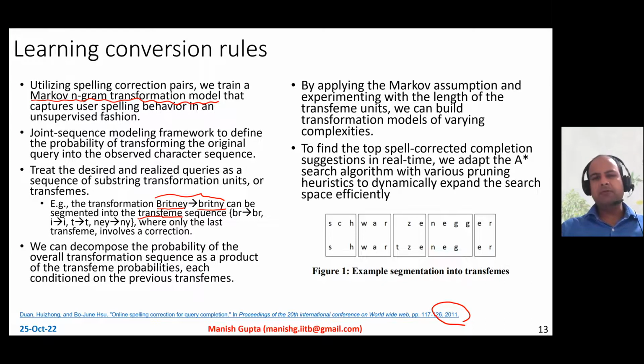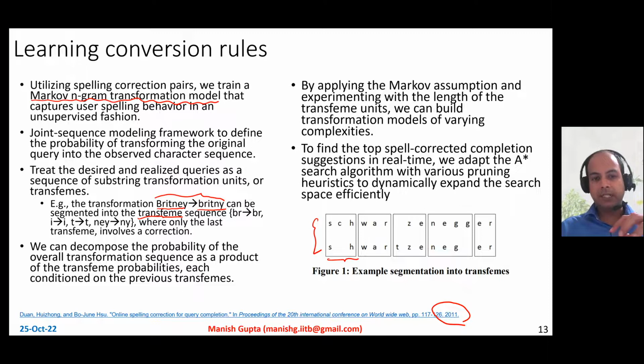And you can decide what is the maximum size of the transfeme that you prefer. So you could prefer transfemes of size 3, or you could prefer transfemes of size 1 or 2, and so on. And then use those popular conversions so as to learn probabilities associated with each of those transfeme conversions. That leads to the conversion rule table, right?